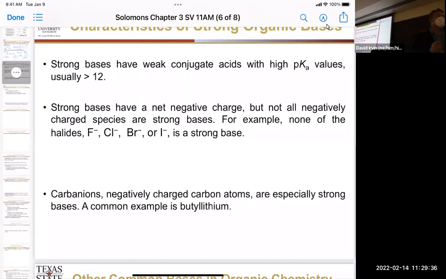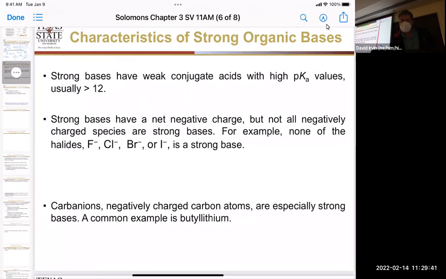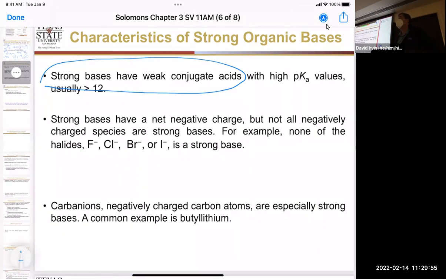Okay, so let's go ahead and think about our other organic bases. Strong bases have weak conjugate acids, right? So anything above 12 on our pKa scale, we're going to consider those very strong bases once they're deprotonated. Now, the conjugate base of HCl is chloride ion, right?